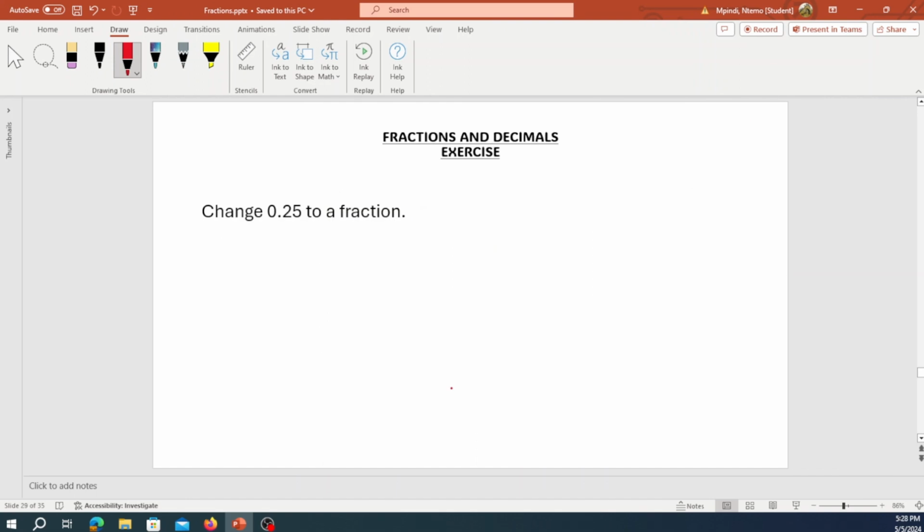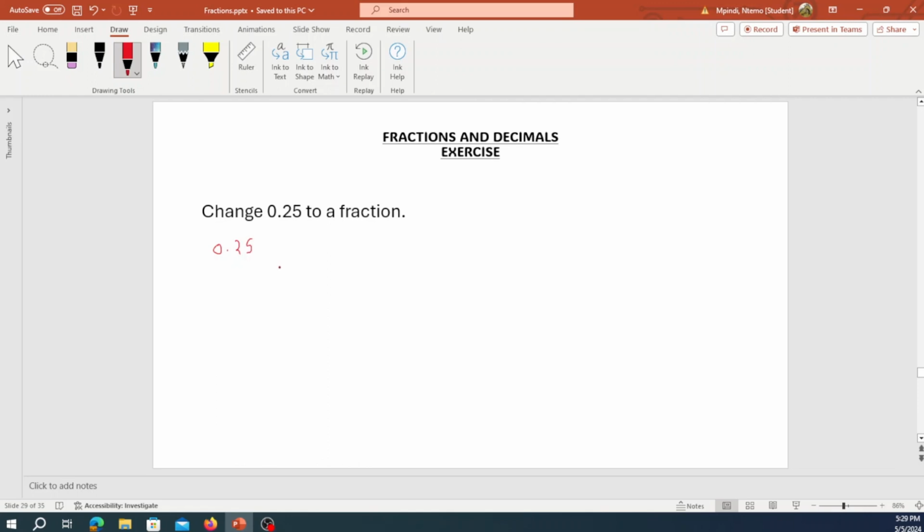So to change this to a fraction, it's easy. Really easy. Don't panic. What we're gonna do here is rewrite this 0.25.